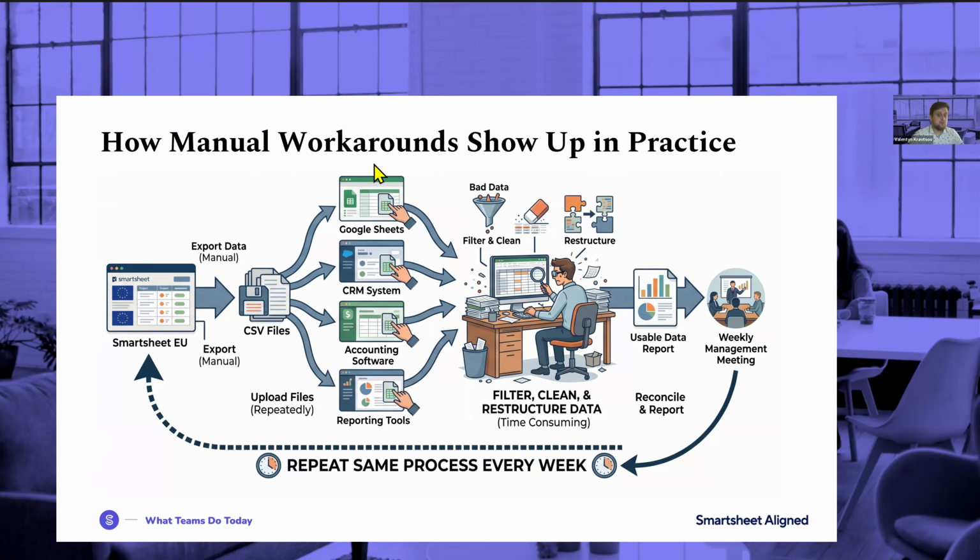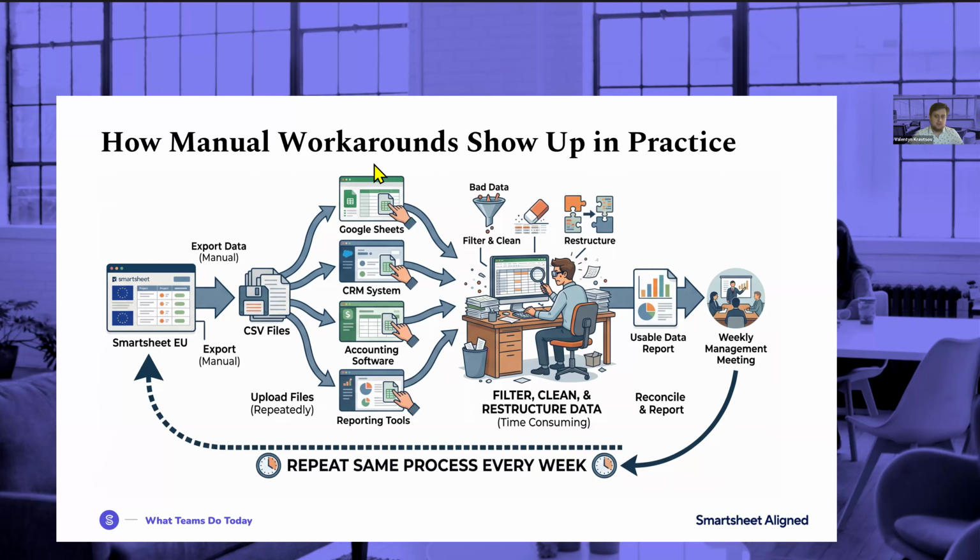Exactly. There are two main problems. First, time. These manual steps slow down operations. Second, accuracy. Every manual action introduces the possibility of errors. And there's also a third issue, which is often underestimated: data usability. When you export data manually, you usually export everything.